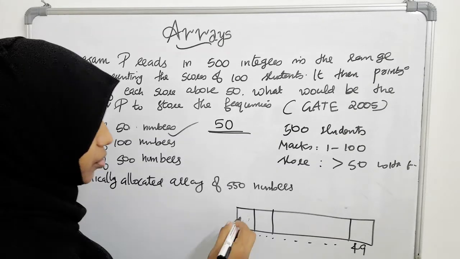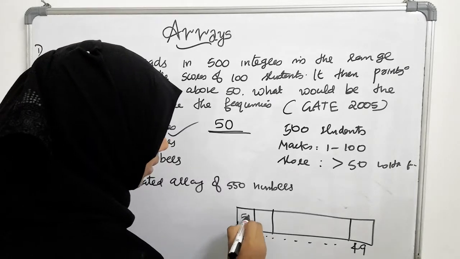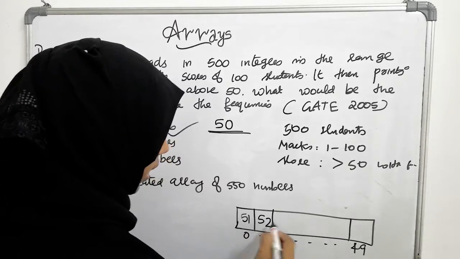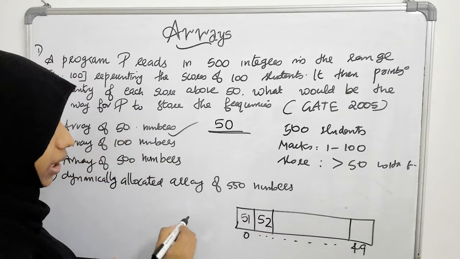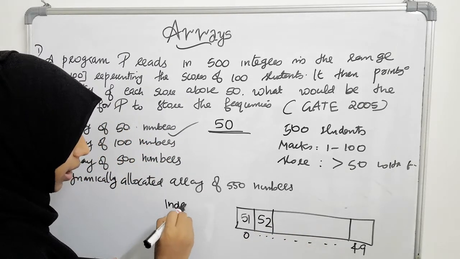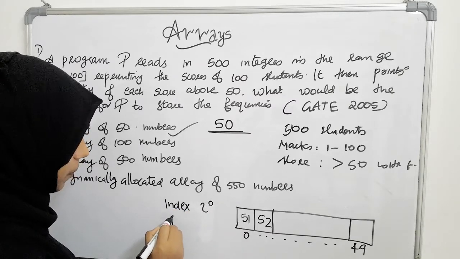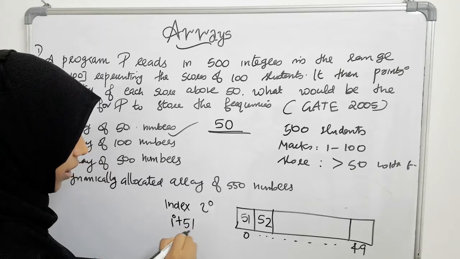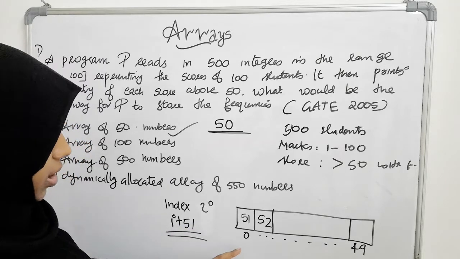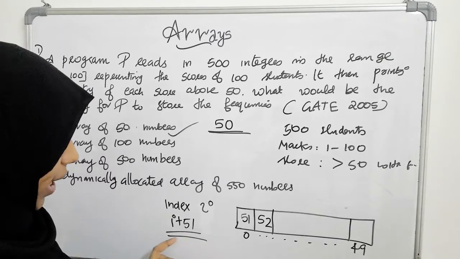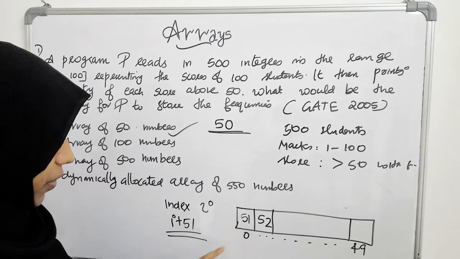For example, you store the frequency of 51 in the 0th index. You store the frequency of 52 in the next index, and it goes on. That is, in index I, you store the frequency of I plus 51. In the 0th index you will store the frequency of the mark 0 plus 51, that is 51.